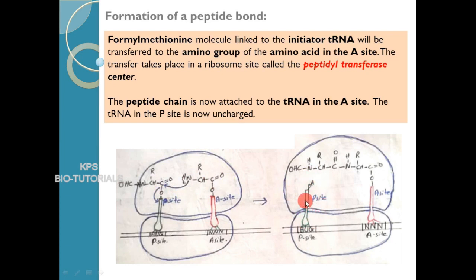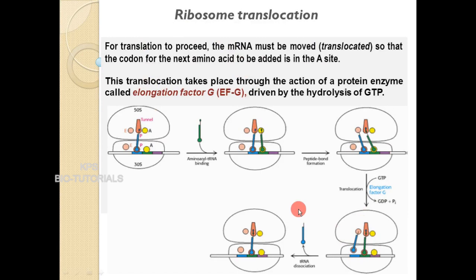And the peptide chain, which now has two amino acids, is linked to the tRNA at the A site, and the tRNA in the P site is uncharged. There is no amino acid on the tRNA in the P site. So now both the A site and P site are occupied by tRNA.